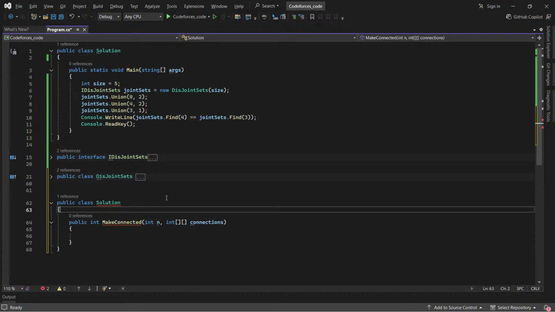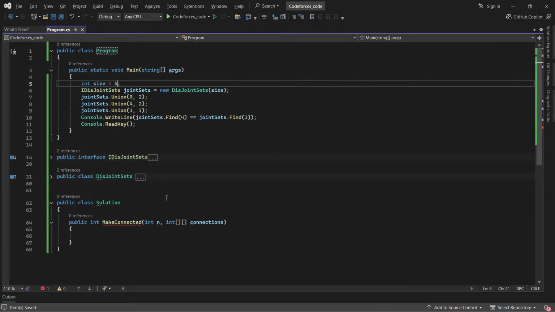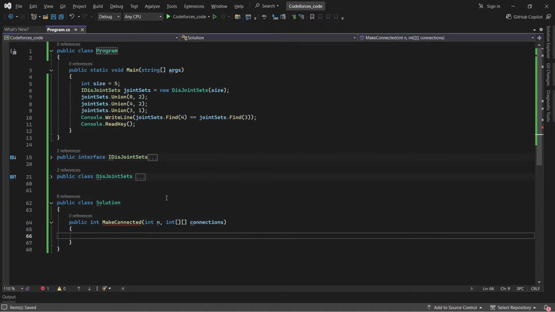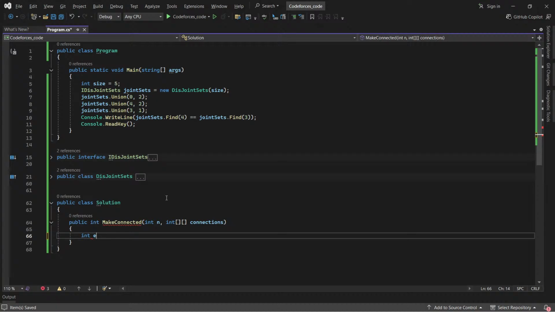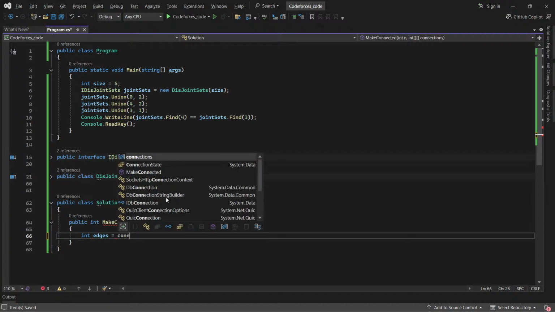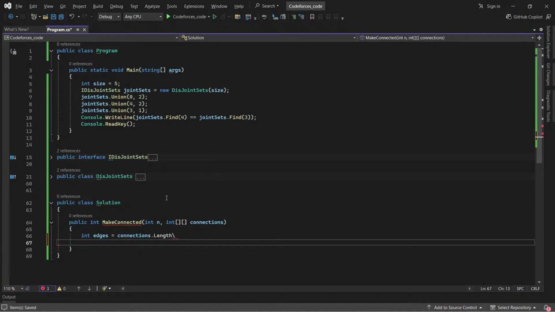First we can figure out the edges, and edges is equal to connections length.